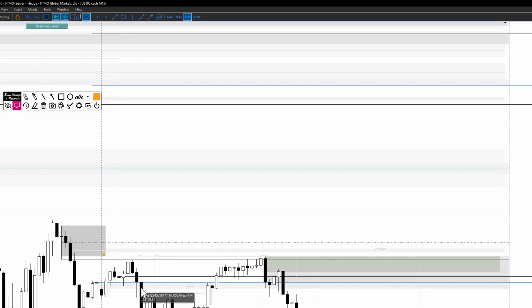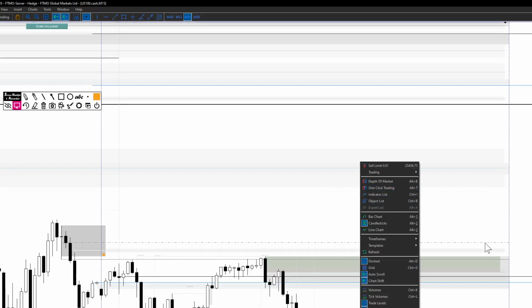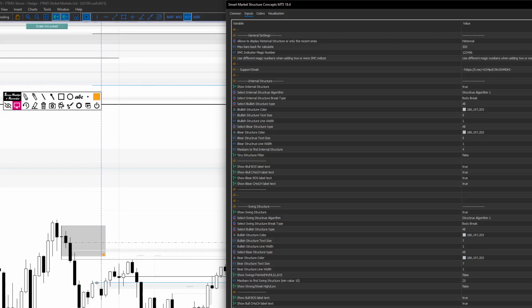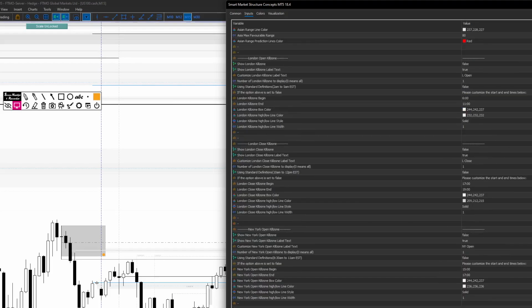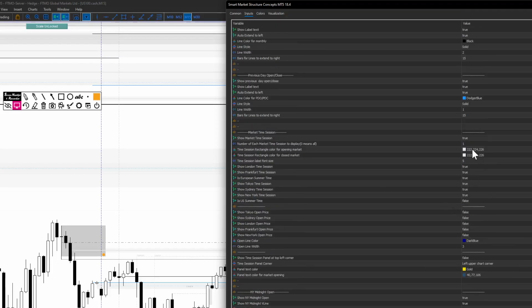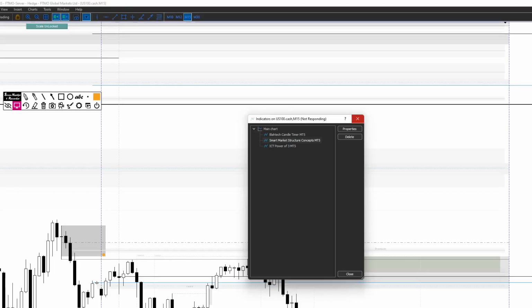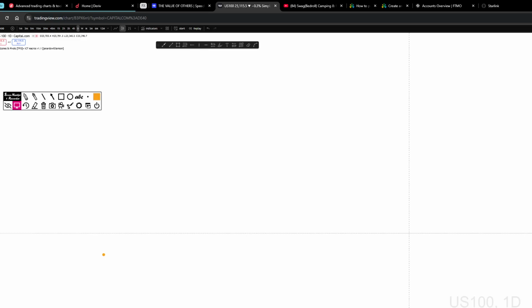Alright, so she's showing me London over here. Let me go back to configuration. Oh, this thing froze the chart. Anyways, let me go to TradingView.